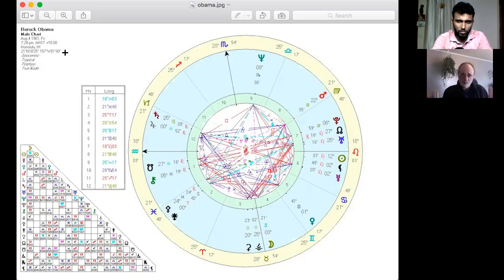I think that's correct. The point is, there's a lot of people out there in that age bracket that have this North Node conjunct Pluto. And we may well be seeing them arising even more over the next 10, 15 years, moving into more positions of leadership and authority.